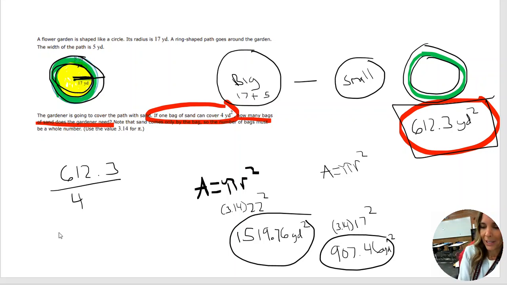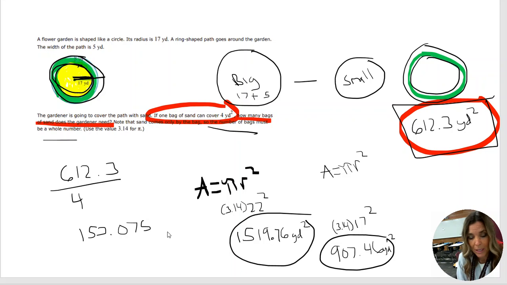So we take the 612.3, we divide by 4, and that gives us 153.075 bags. Okay, and then it said the number of bags must be a whole number. So we're going to need to round this up to 154 bags of sand.